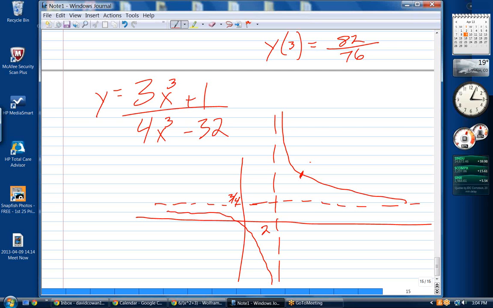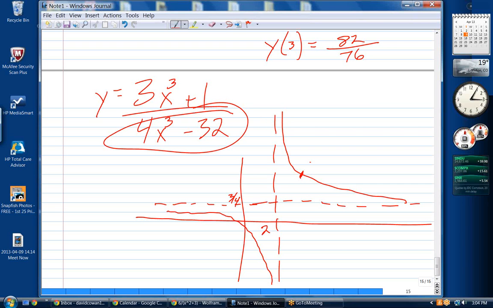Where I'm seeing weakness, really, on your part is in your algebra, not your graphing. It's solving what makes this equal to 0. You need to improve your skills there. Otherwise, you've got no chance when you get to the graphing of these.